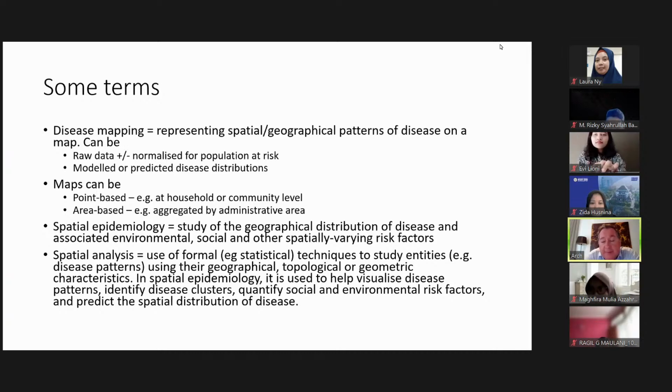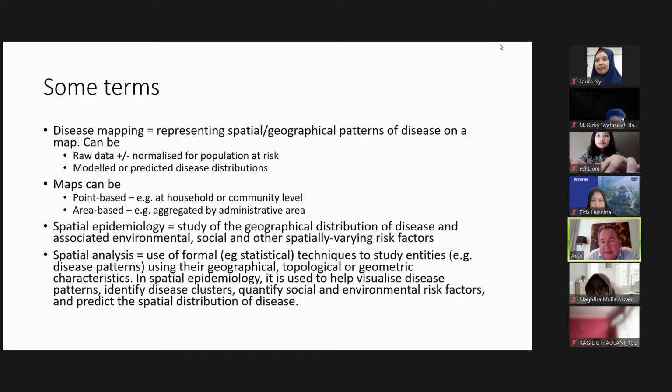Typically in spatial epidemiology, we use spatial analysis to augment the visualization of disease patterns, to help us quantify and explore disease clusters, to quantify social and environmental risk factors, and to predict the distribution of disease.